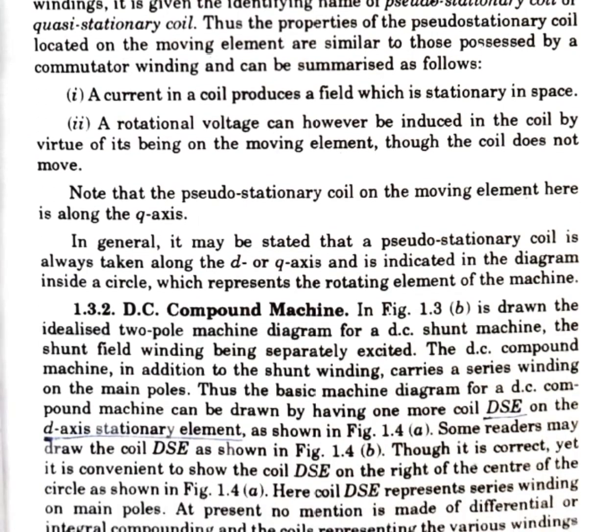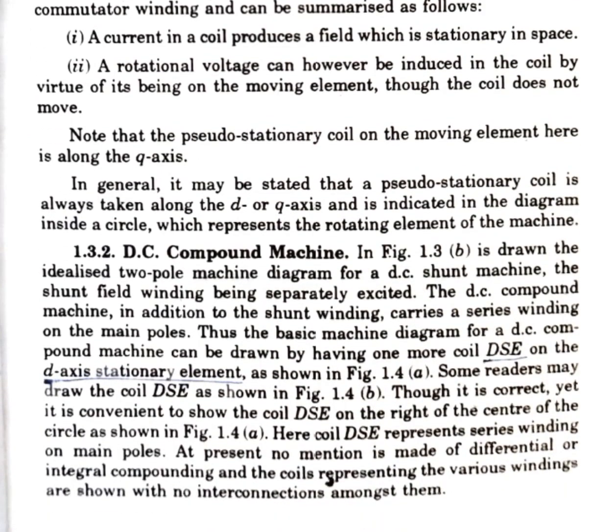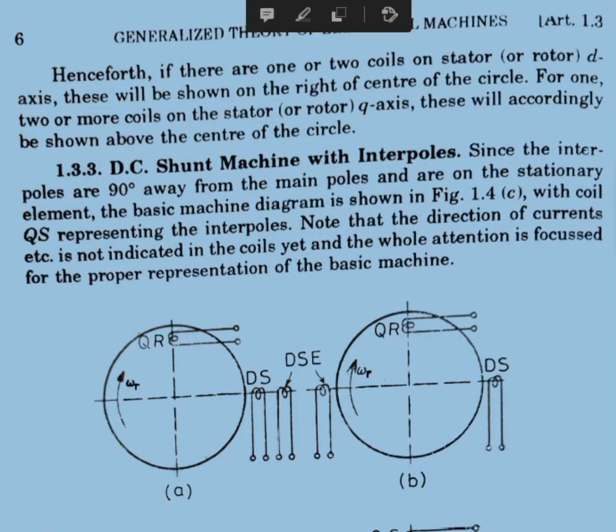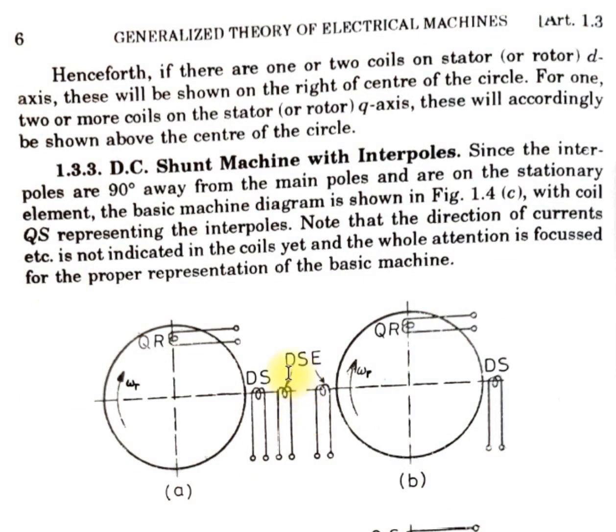Secondly, we had seen the next machine, which was a DC compound machine. Irrespective of the compound machine being short shunt or long shunt, or whether it is differential compound or integral compound, we have seen the diagram where we have seen DSE, that is the series field winding, being in connection with the original field winding, and the rotor winding remains as it is.